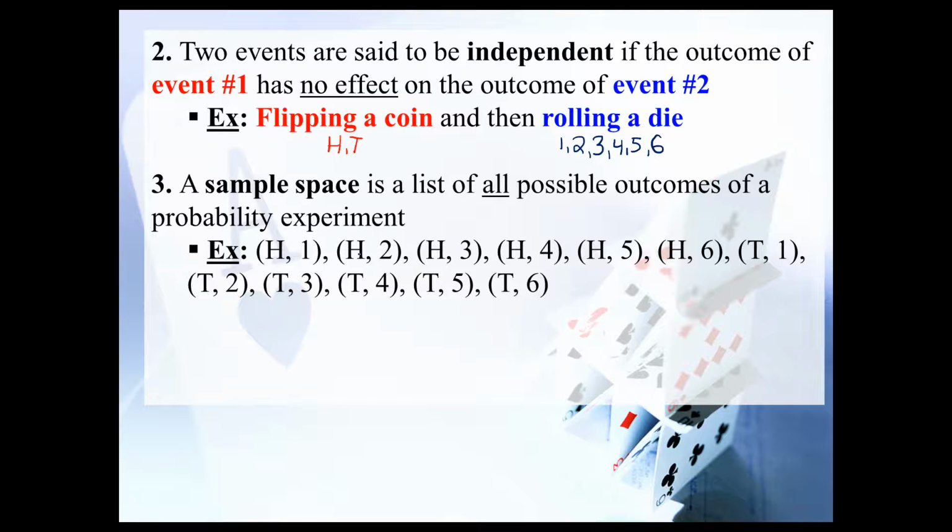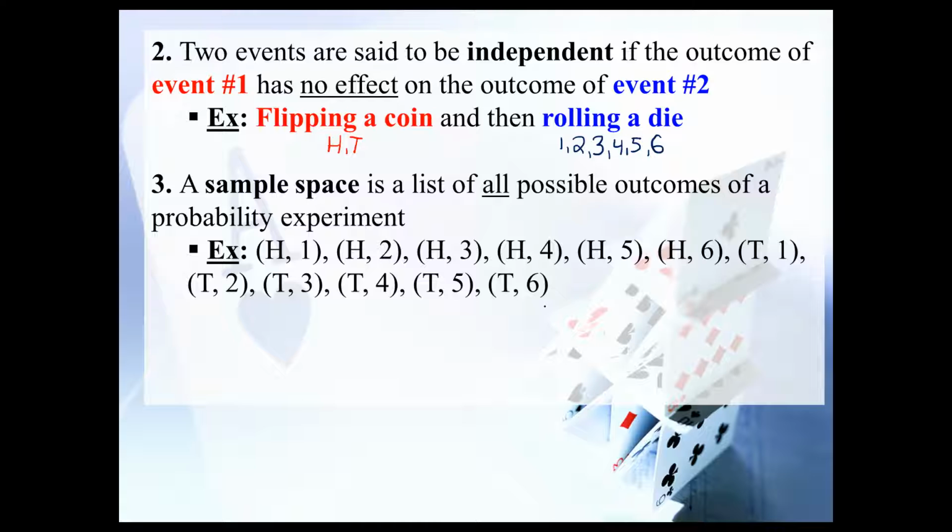H2 would be you flipped heads and rolled a 2. H3 would be flipped heads and rolled a 3. T1 would be you flipped tails and rolled a 1. T6 would be you flipped tails and you rolled a 6. So those are all the different possible outcomes you could have if you flipped a coin and then rolled a 6-sided die. So there's 12 of those in total.